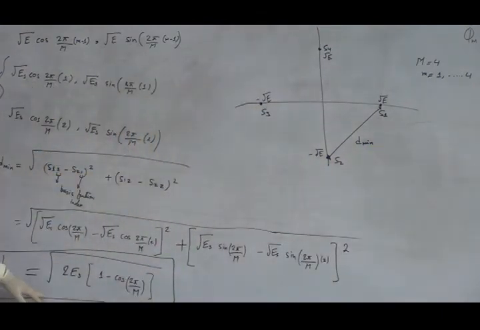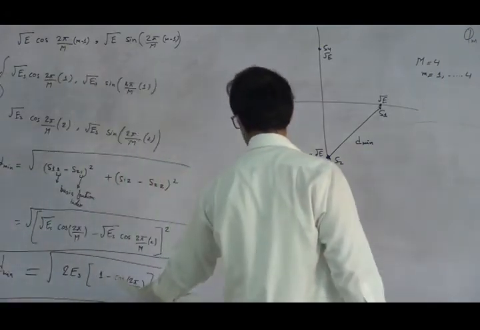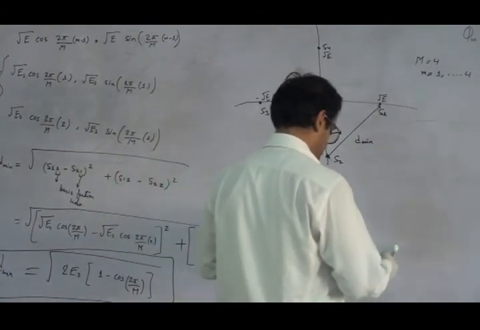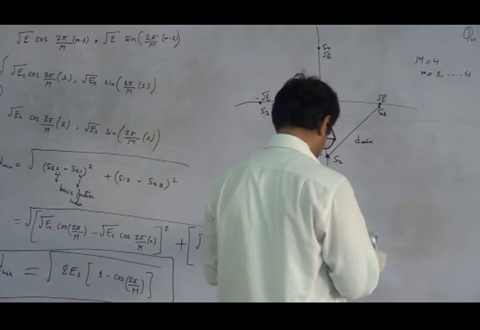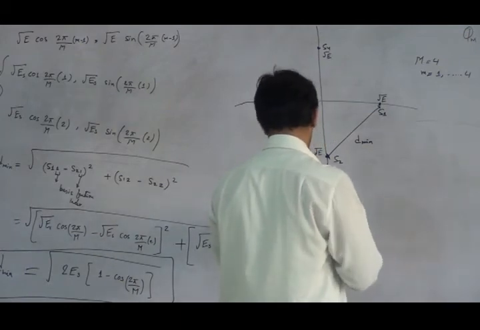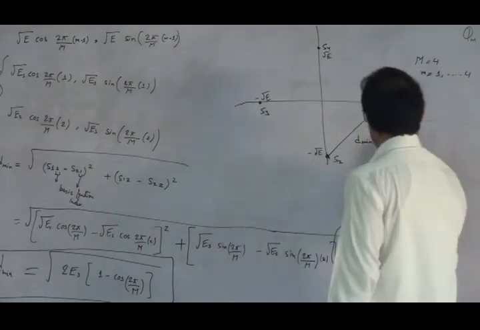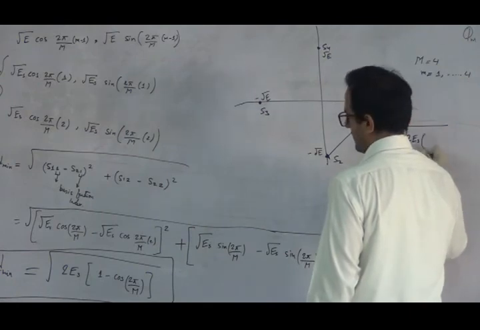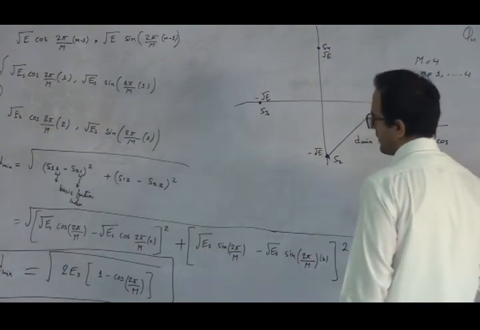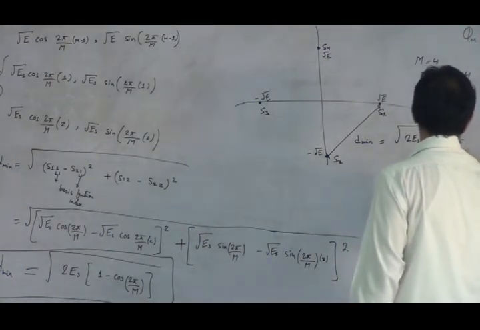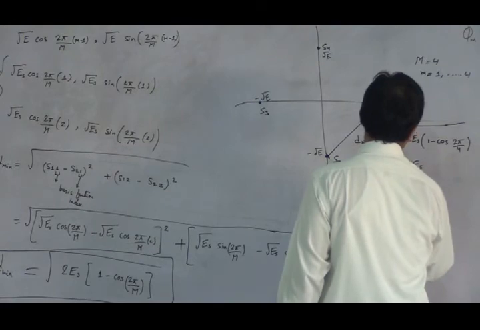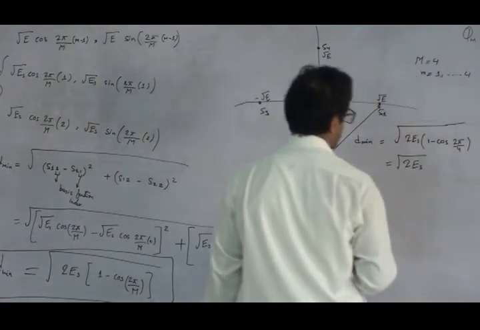As per this formula, if you substitute the value of 4 here, this is cos of 2 pi by 4, you will end up getting some value for the D minimum. If you solve it, it will be under root of 2ES times 1 minus cos of 2 pi by 4, which is equivalent to under root of 2ES.